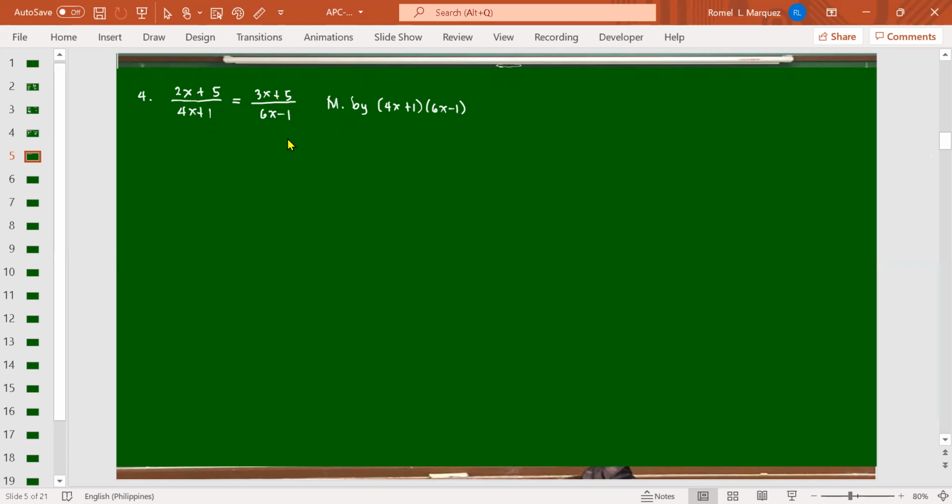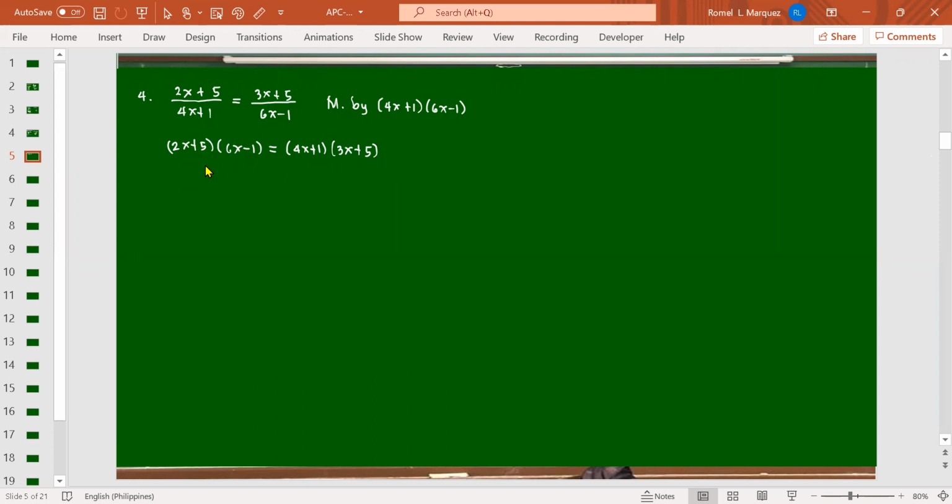So on the left side, we simply have 2x plus 5. 4x plus 1 is cancelled, so multiplied by 6x minus 1. On the right side, we have 4x plus 1. What is cancelled out? 6x minus 1. So we have to multiply this by 3x plus 5.